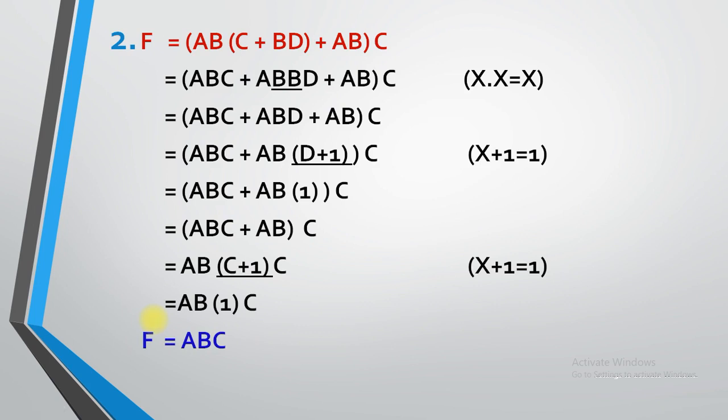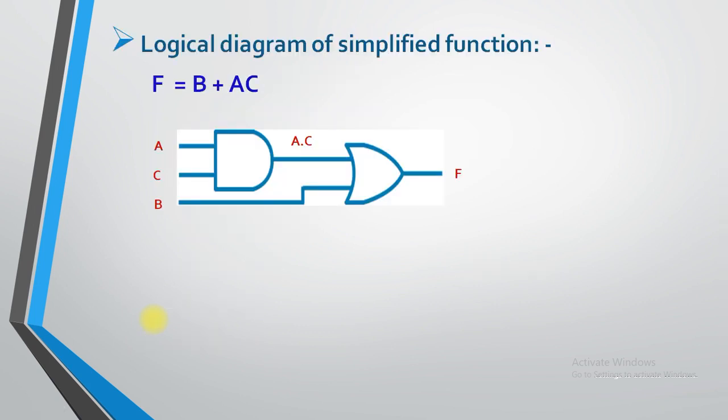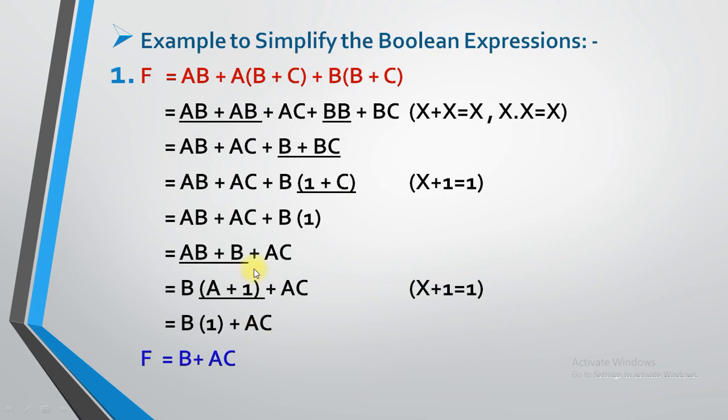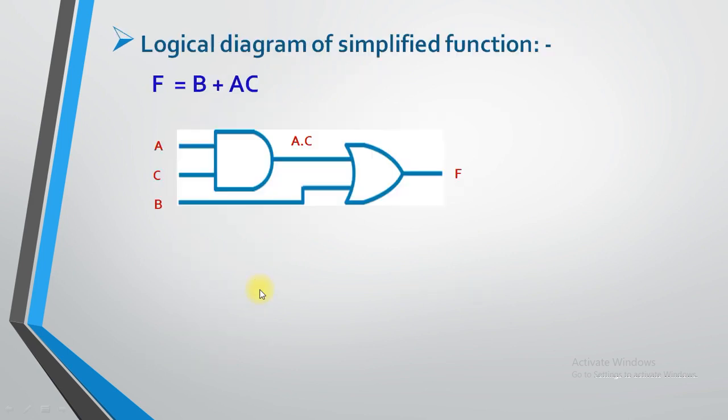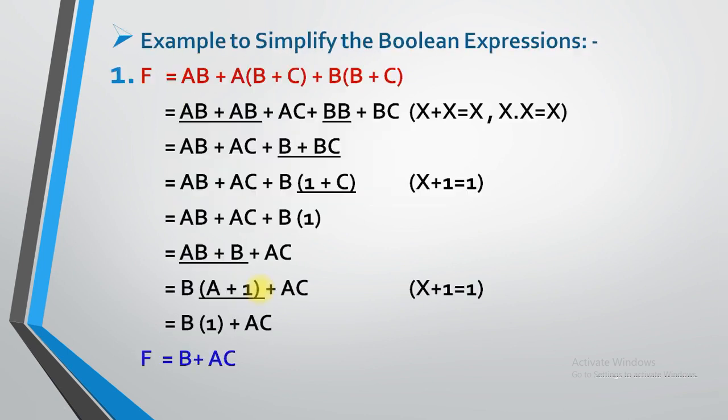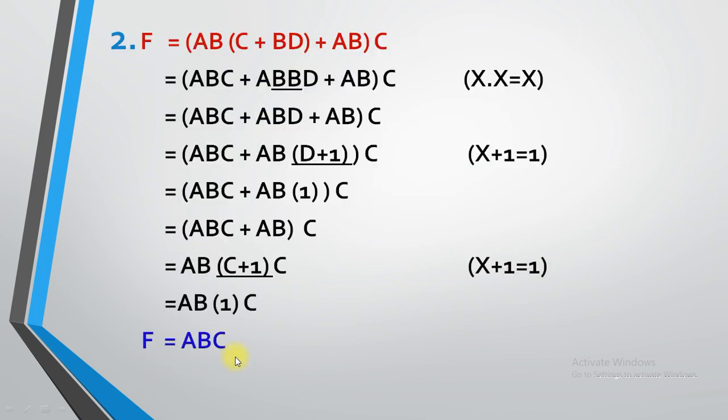Listen carefully. In the first question only, I have created a logical diagram based on the simplified function. From now onwards, whatever sum we refer to, I have not drawn the logical circuit, because it is a simplified circuit only. You can easily draw that circuit.